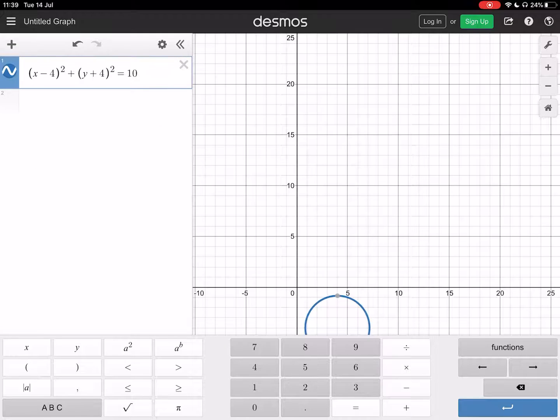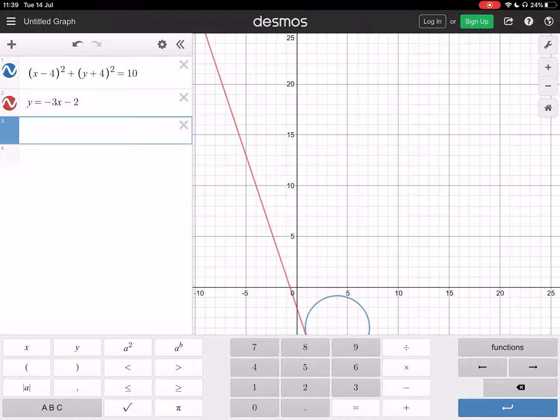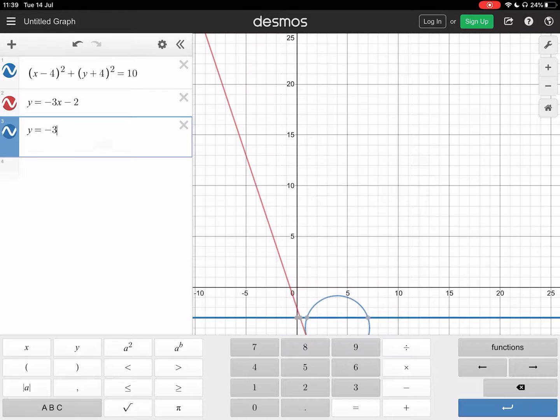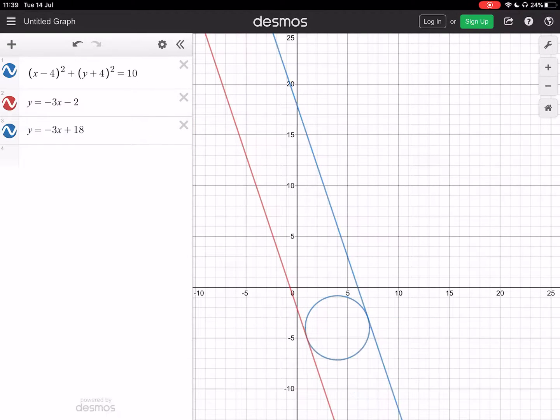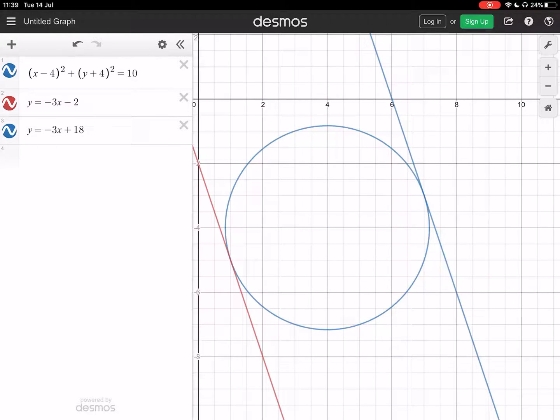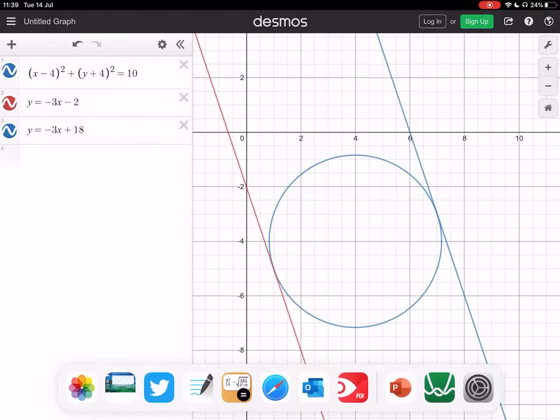And we've got the equations y equals minus 3x minus 2, and y equals minus 3x plus 18. So here is our circle. Here are the two tangents. Both of those lines have a gradient of minus 3. We've really answered the question fully there.